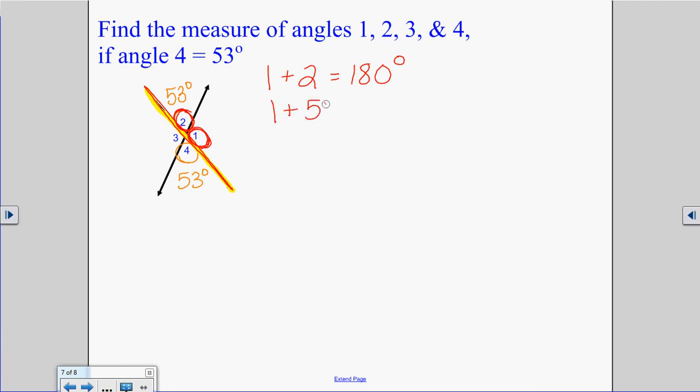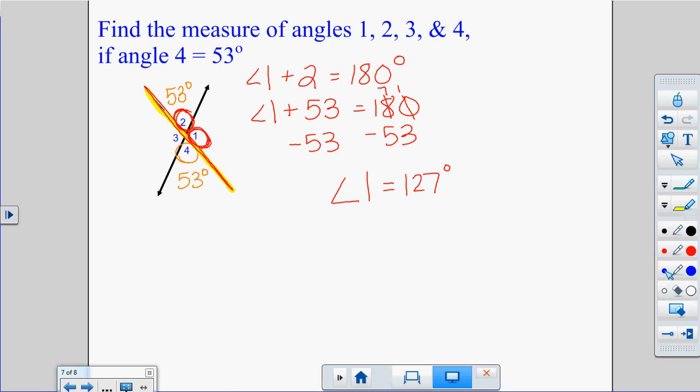And then I just need to subtract that from both sides, and then I'll get what the measure of angle 1 is. And if I do this, 53, this becomes a 10, this becomes a 7. So 127 degrees.